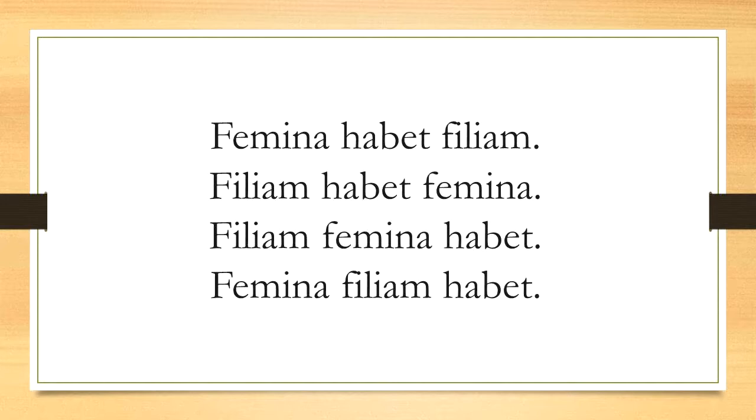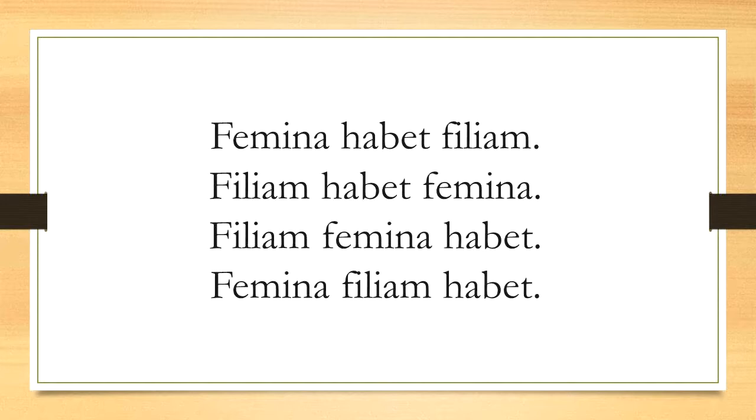Normally, the most important words in a sentence will be the subject and the verb, and so it is very common for the subject of a sentence in Latin to come first and the verb to come last.